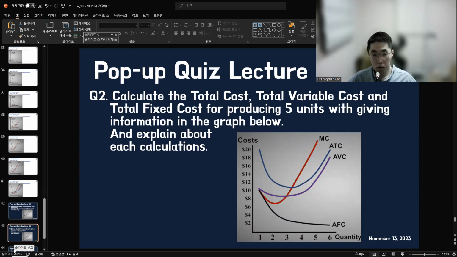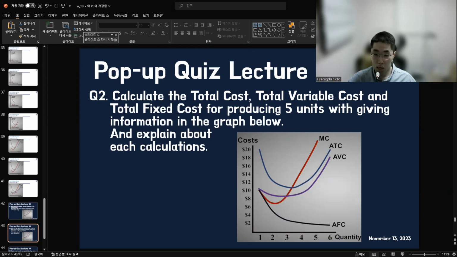As you see, question number 2 is: calculate the total cost, total variable cost, and total fixed cost for producing 5 units with the information given in the graph below, and explain each calculation.